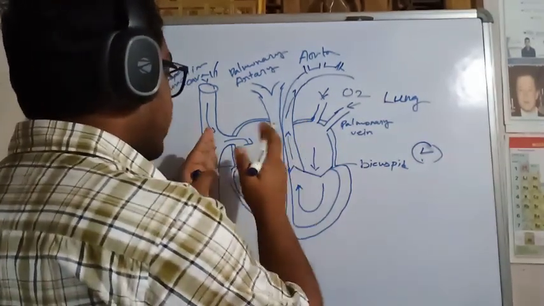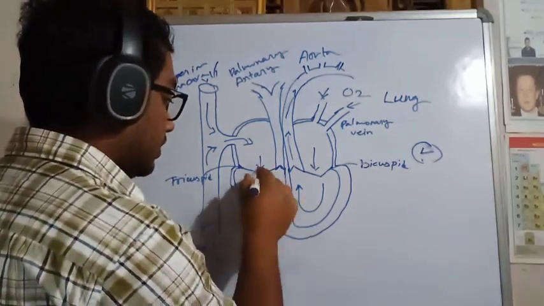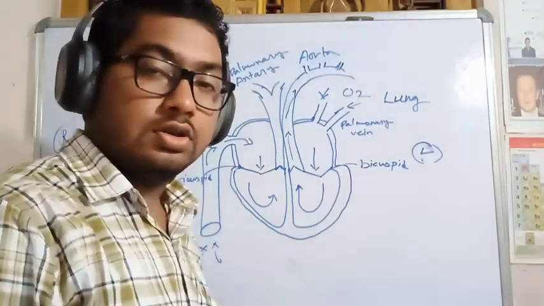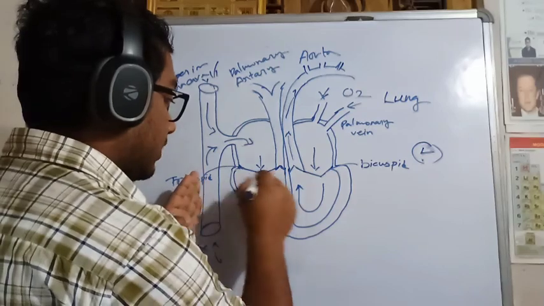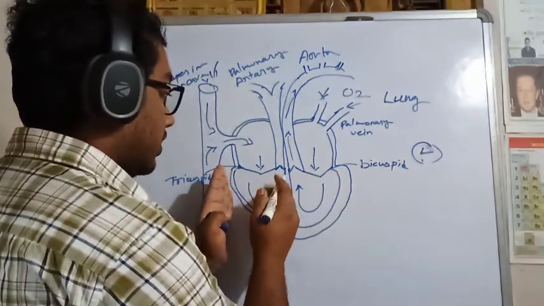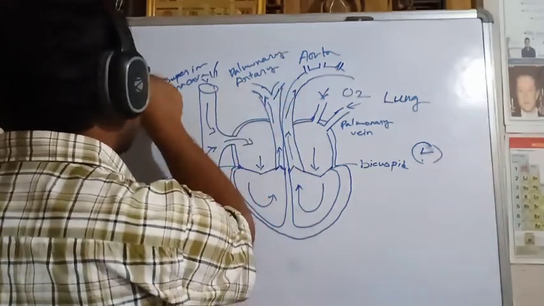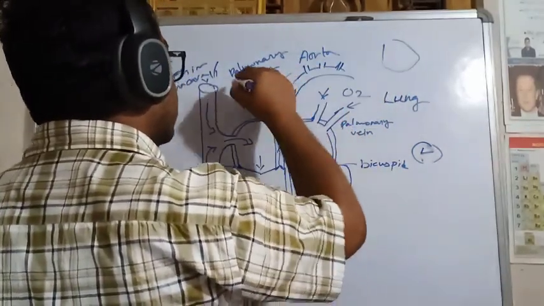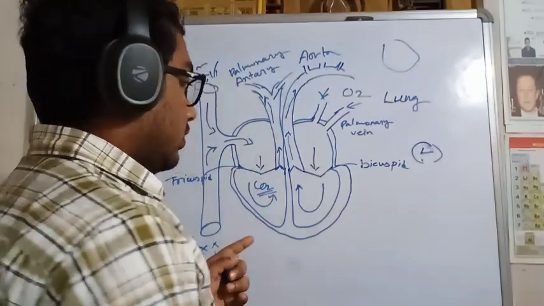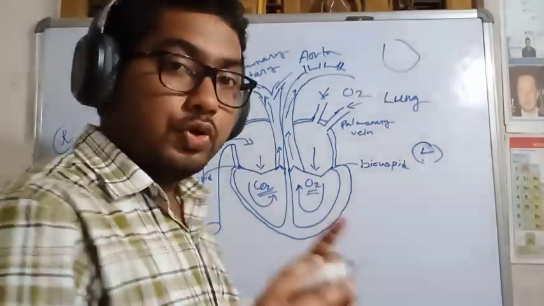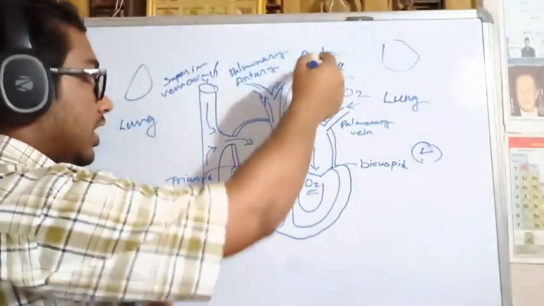When it fills with blood, it contracts and the blood flows to the lungs by this path. That is the CO2-carrying impure blood, and this is the oxygenated, pure blood. So that's how the circulation happens.